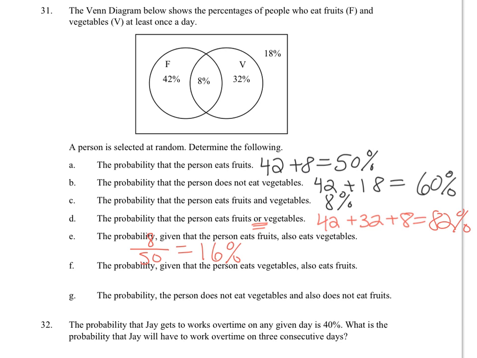Given that the person eats vegetables, so that's the 32 plus 8 as a denominator. Also eats fruit, so that's a numerator of the intersection, and 8 out of 40 is 20%. Does not eat vegetables and also does not eat fruit. So that would be the outside percent of 18%.